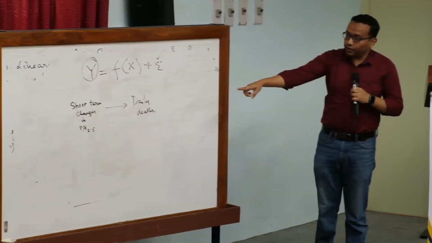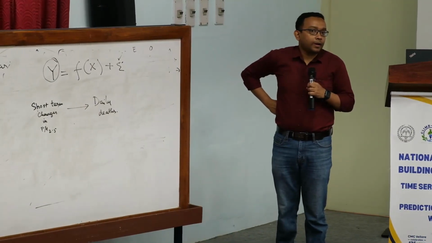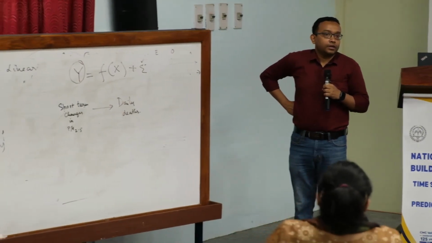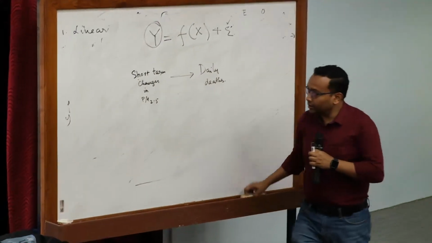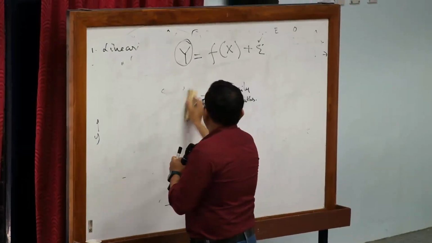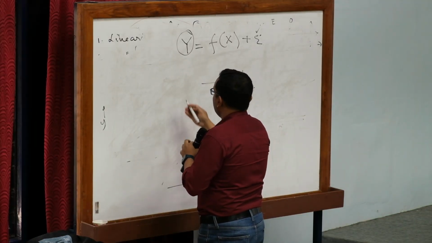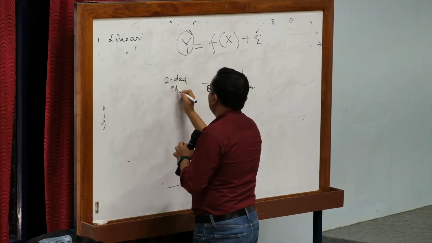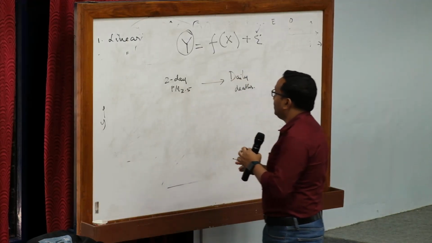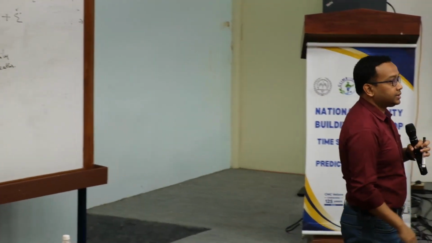So what are the confounders in this case? You're looking at short-term changes. I can simplify it further: the last 2 days PM 2.5 and daily deaths.